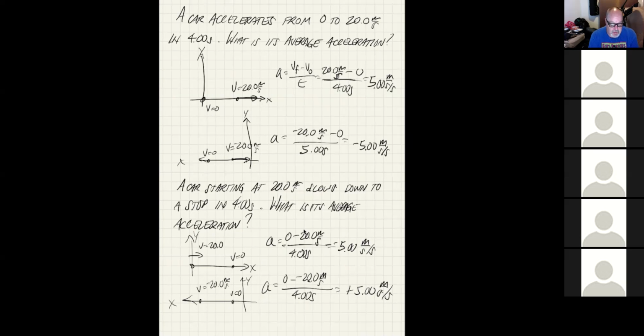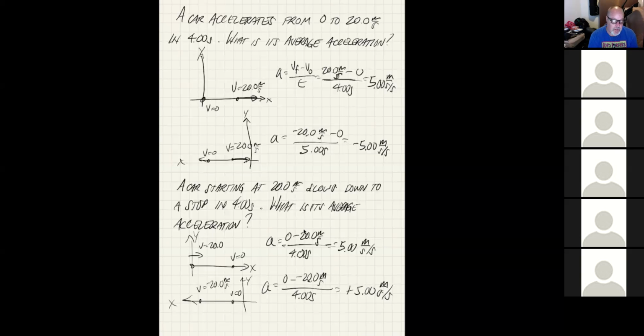In the second diagram for that first problem, I am still going to the right, but I've drawn my positive x-axis going to the left. So I started at some negative x value with a velocity of 0, and then I ended up at some smaller negative x value with v equal to negative 20.0 meters per second, because I'm going in the negative x direction.